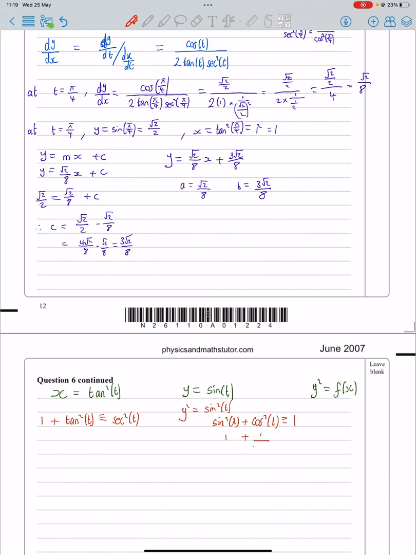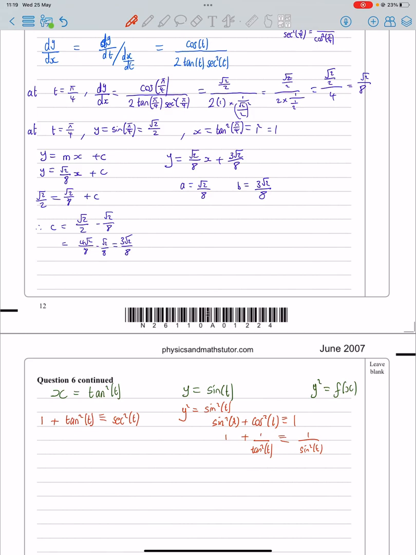Or cot squared, but I'm going to write 1 over tan squared. And that's identical to 1 over sine squared. And this is good because it involves the sine squared and the tan squared.